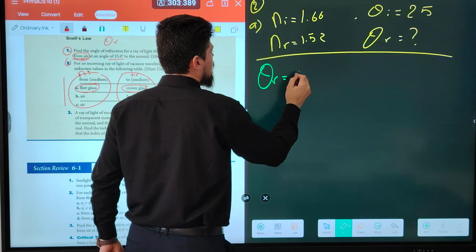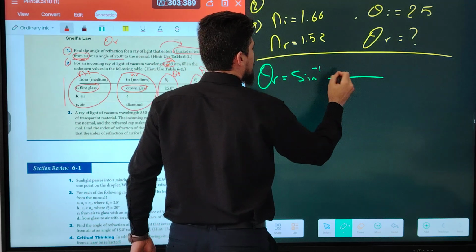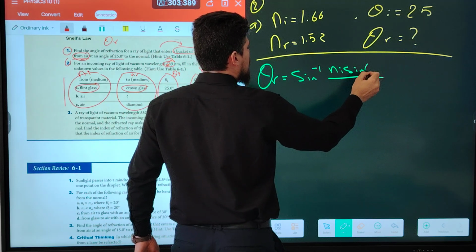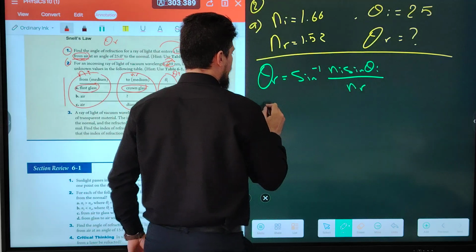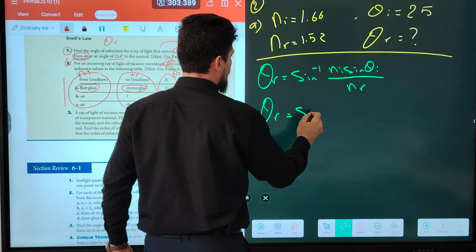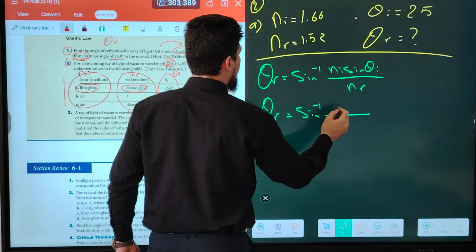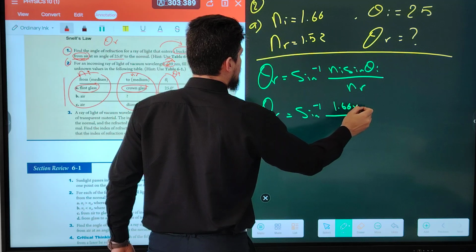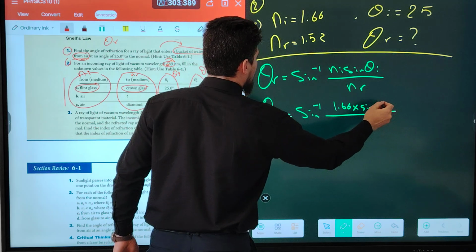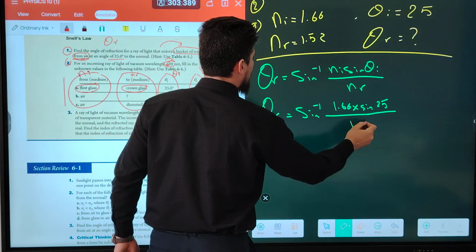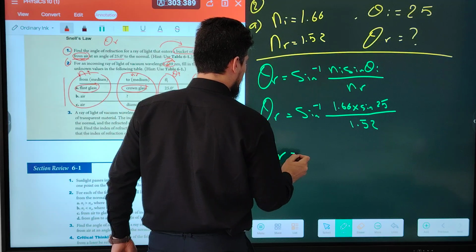Theta R is sine inverse of Ni sine theta I over Nr. Theta R is sine inverse of 1.66 times sine 25 over 1.52.